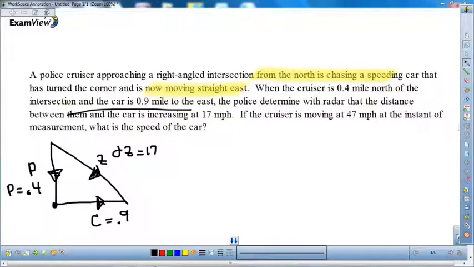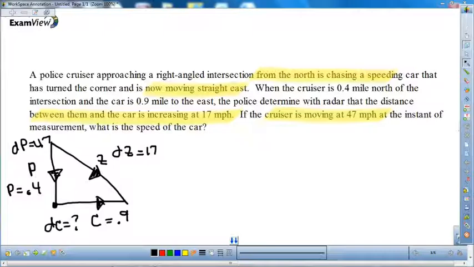The distance between them is increasing at 17 miles per hour. They're also given that the cruiser is going 47 miles per hour. So dP, the rate of change of the police, is 47. We are trying to determine the rate of change of the car.